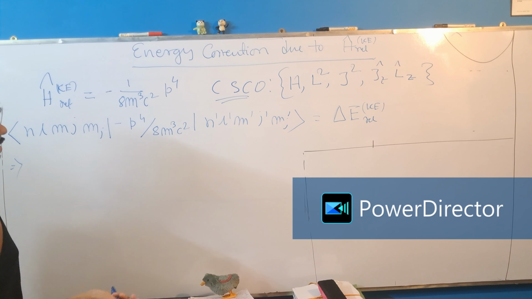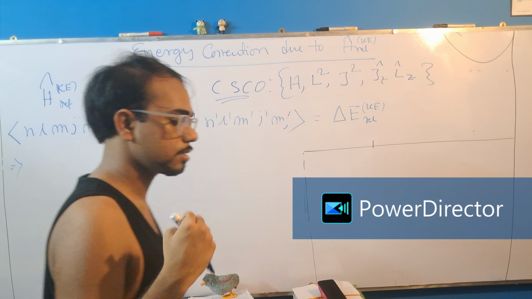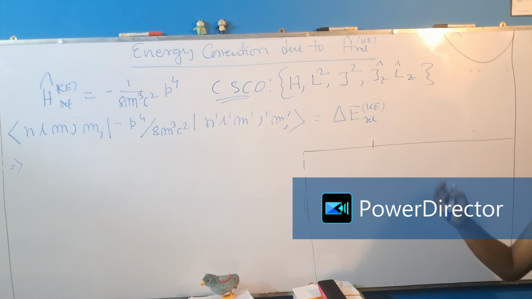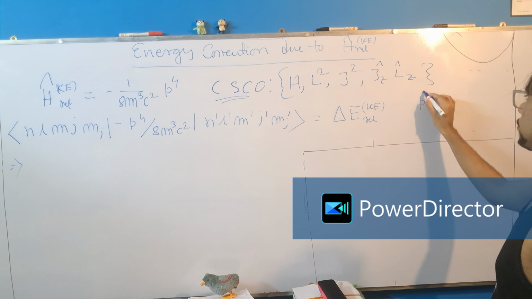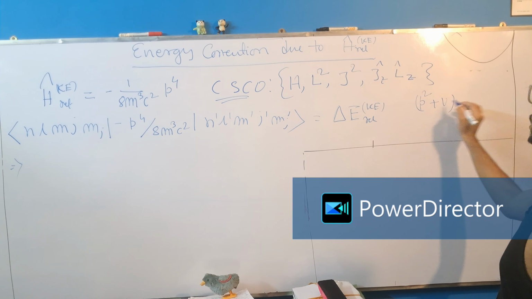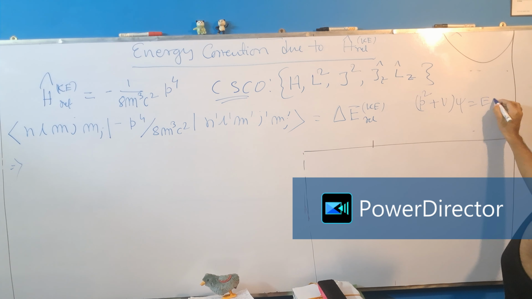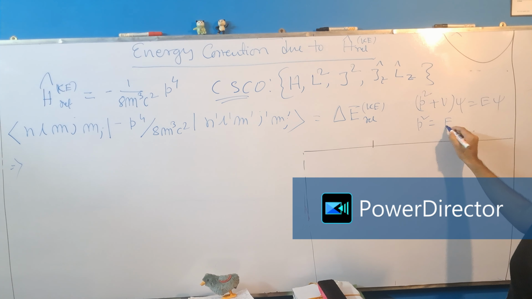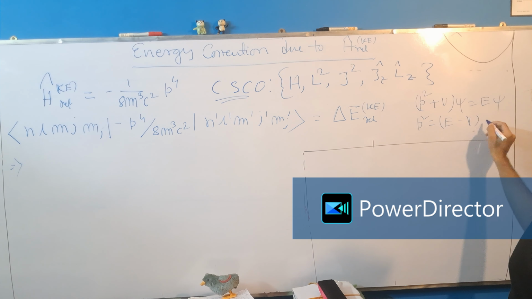We know from the Schrodinger equation that minus h bar squared by 2m grad squared plus V psi equal to E psi, which is basically p squared by 2m plus V psi equal to E psi. So p squared by 2m equals E minus V, if we want to say it like this.